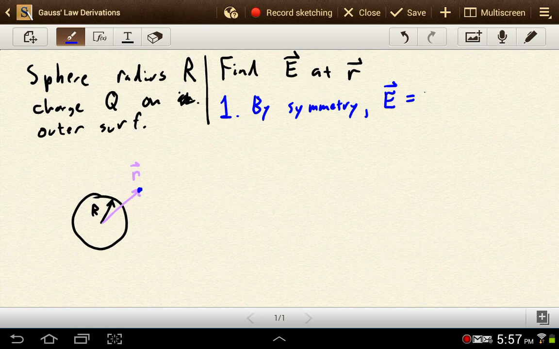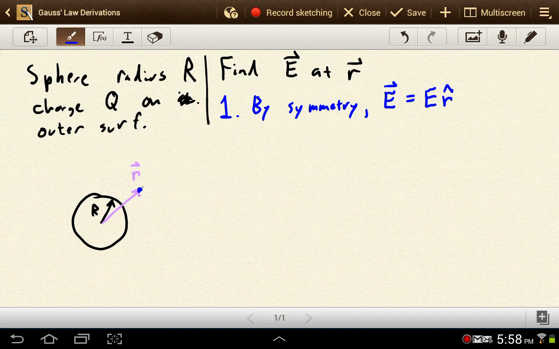And what I'm going to do to represent that is say the electric field has to be equal to a scalar E times r hat. The scalar E here could be positive, could be negative. So it's not necessarily a magnitude, it's just some scalar number, the strength of the field, but the field has to point in the r hat direction. Remember, r hat is a unit vector that points the same direction as r.